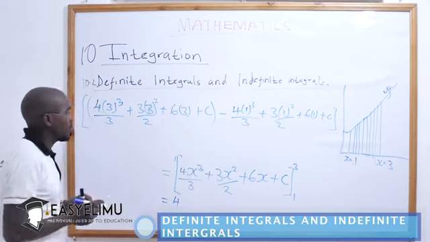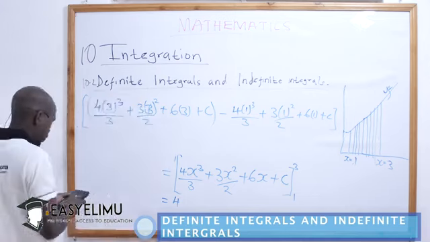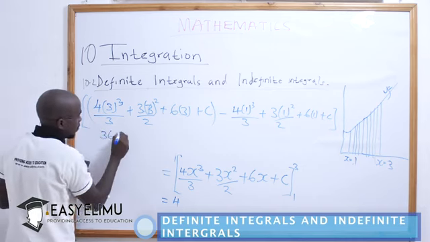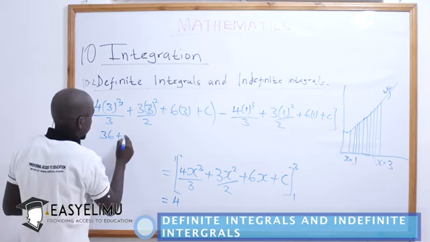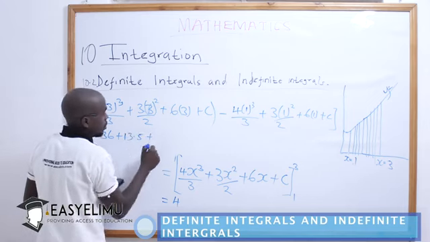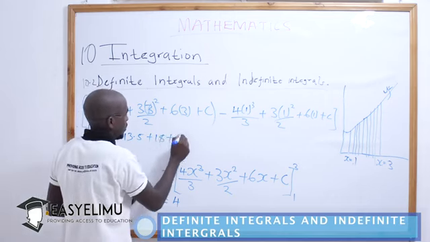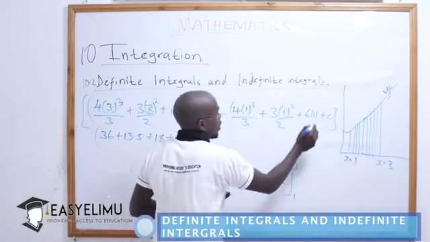So on doing that, we are going to have the first bracket. This one is giving me 36 plus 13.5 plus 18 plus c minus, let's open, this one was a bracket.